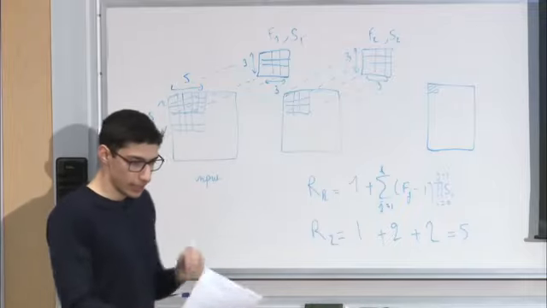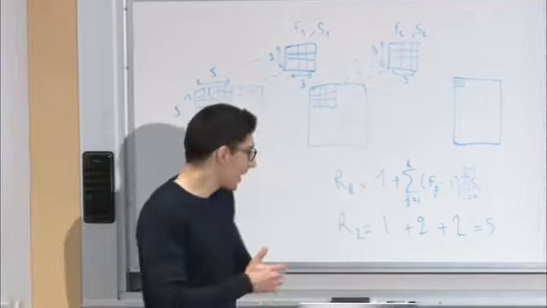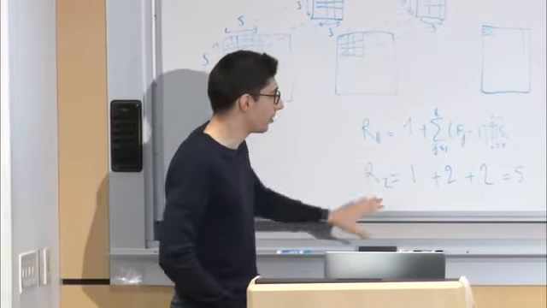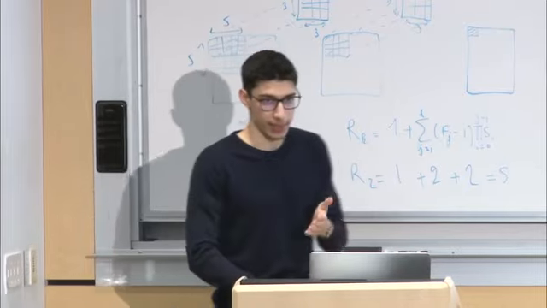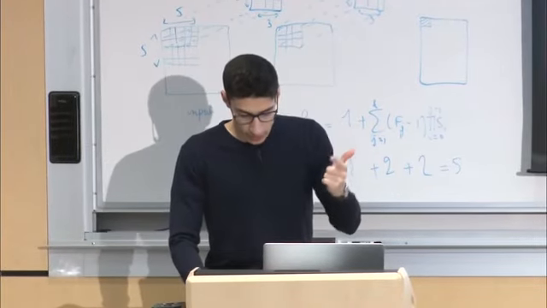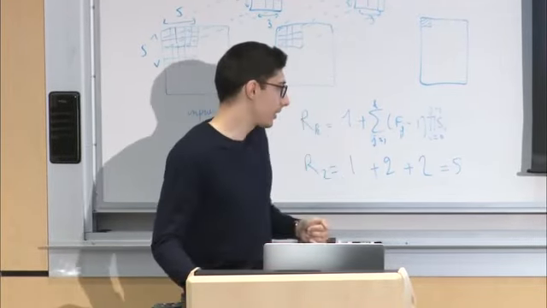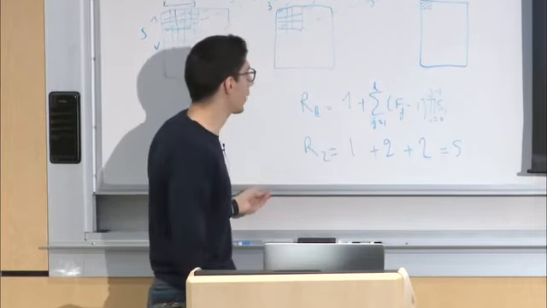Okay, so stacking small filters together leads us to an equivalent receptive field size as bigger filters. So that's the second good point, okay?